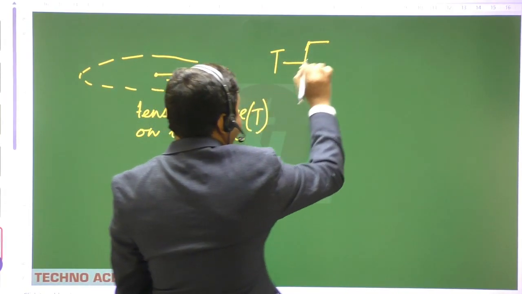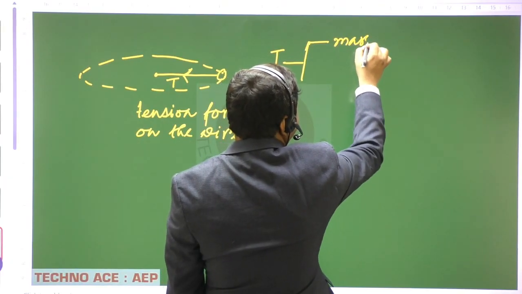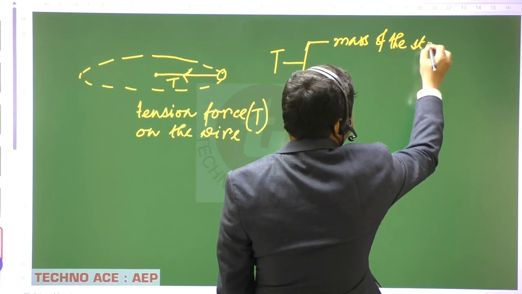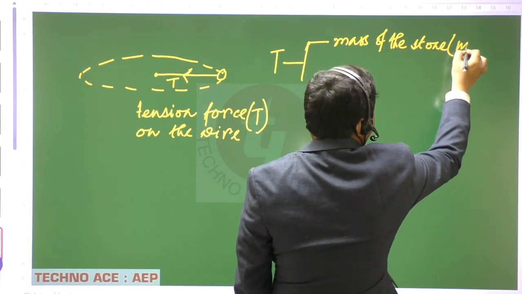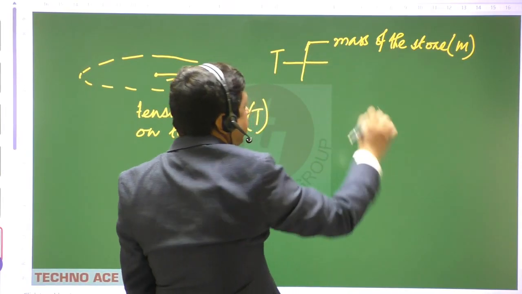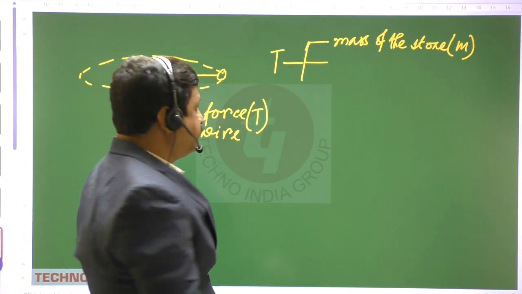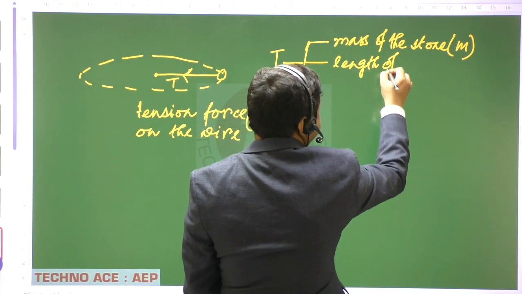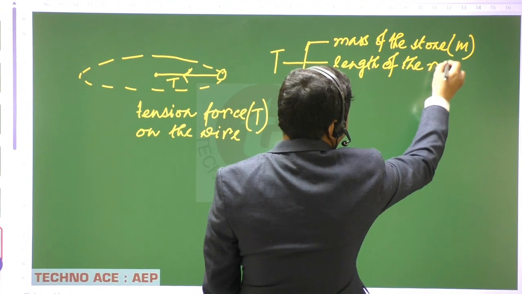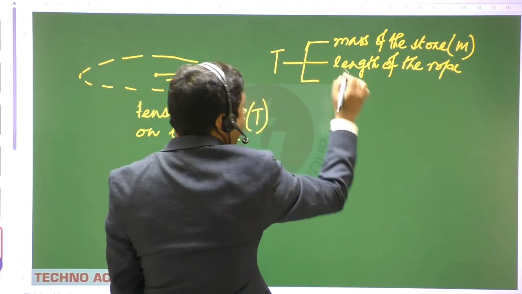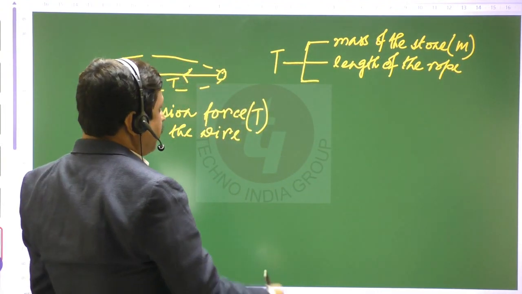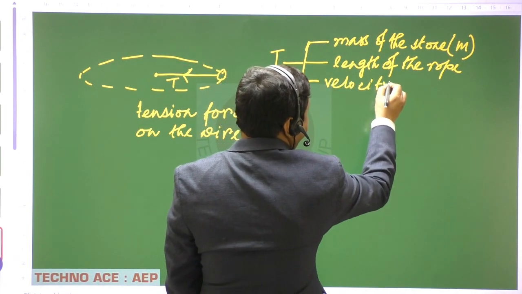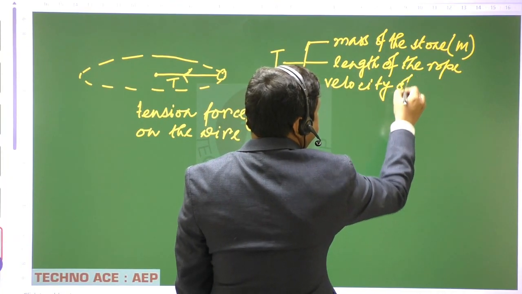One is the mass of the stone, another one is the length of the rope, and another one is the velocity of the stone.